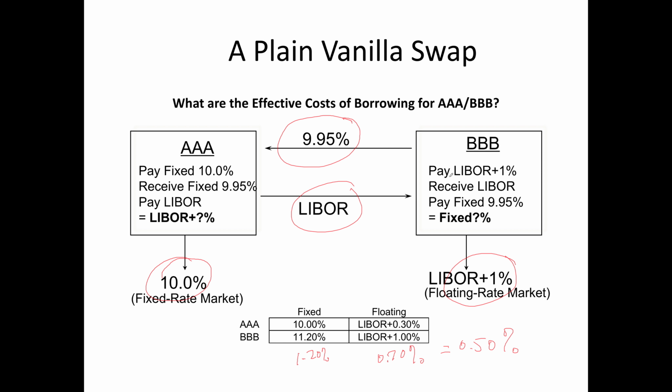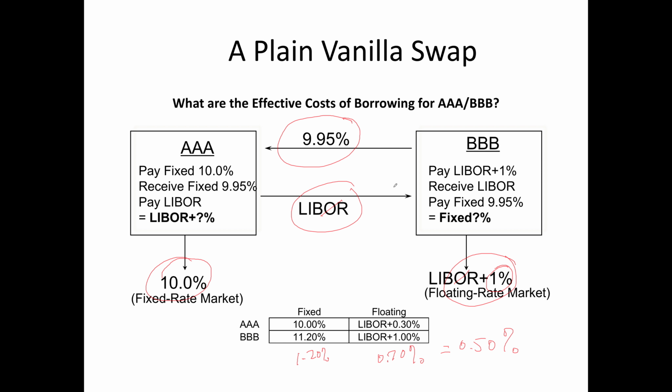So they created an artificial fixed rate for triple B and an artificial variable rate for triple A. Now let's look at the effective fixed rate for triple B. Triple B has the obligation in the floating rate market at LIBOR plus 1%. But they receive the LIBOR rate from AAA, whatever the LIBOR rate is. So the LIBOR rates cancel, and the difference is 1%. They need to add 1% to pay their obligation.